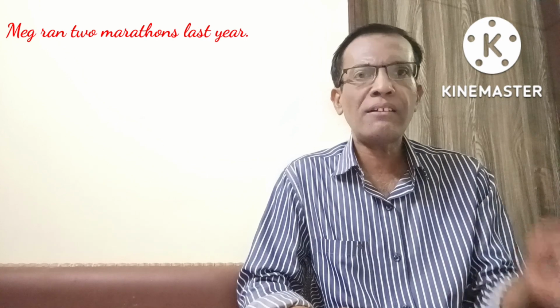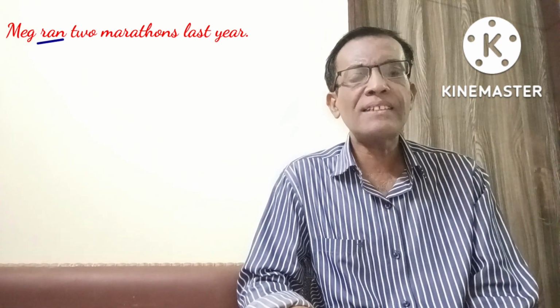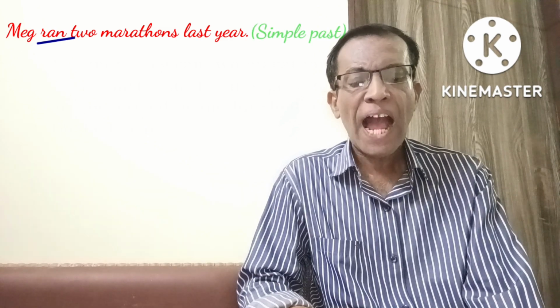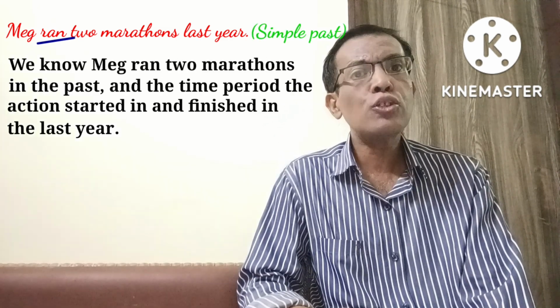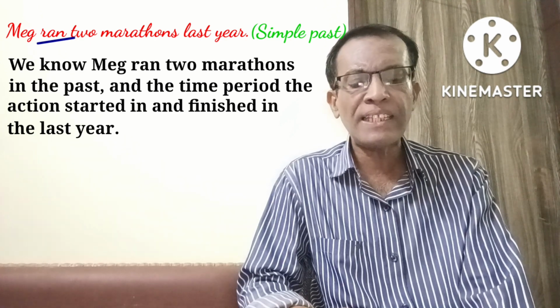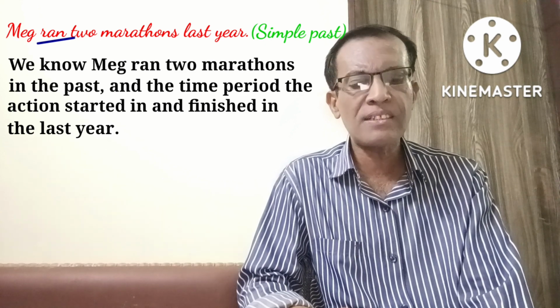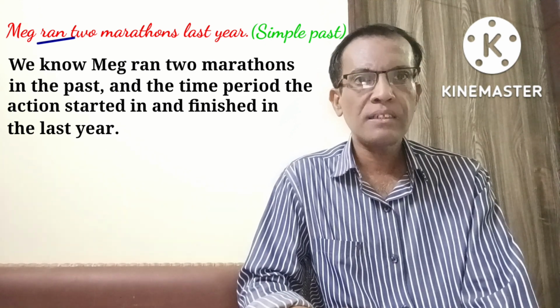Let's take up the next sentence. Meg ran 2 marathons last year. So when I say ran, it is in simple past tense and we know Meg ran 2 marathons in the past and the time period and the action started and finished in last year, that is the past.